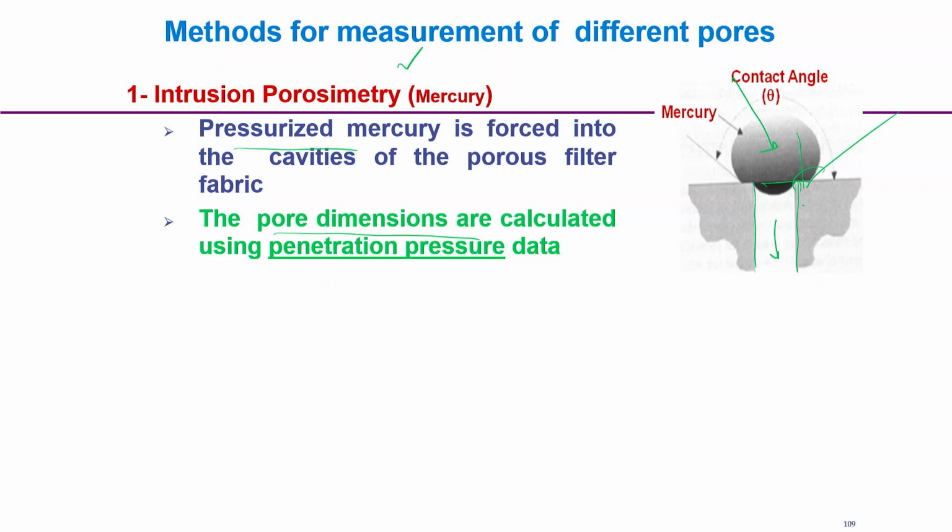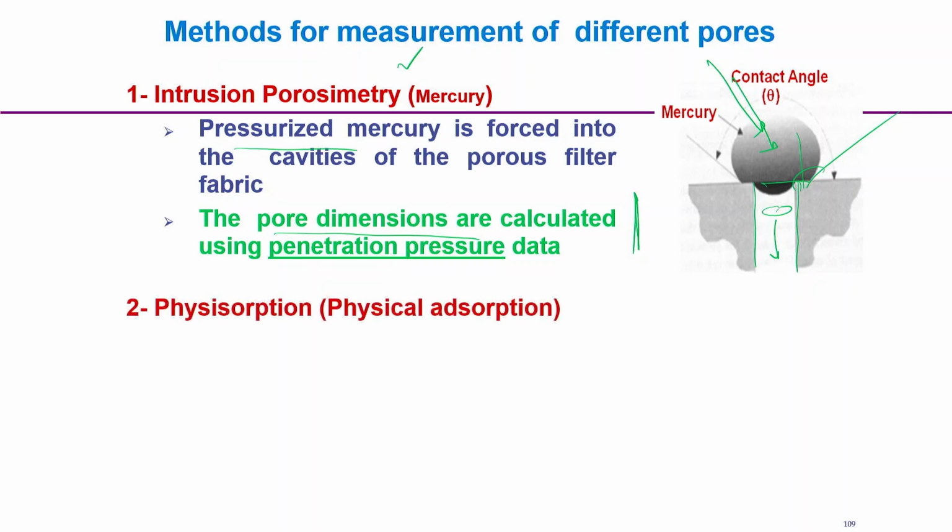If the pore diameter is small, then to penetrate a certain quantity of mercury, we need higher pressure. So, by measuring the pressure required, we can calculate the pore dimension indirectly. This is the principle of mercury intrusion porosimetry.